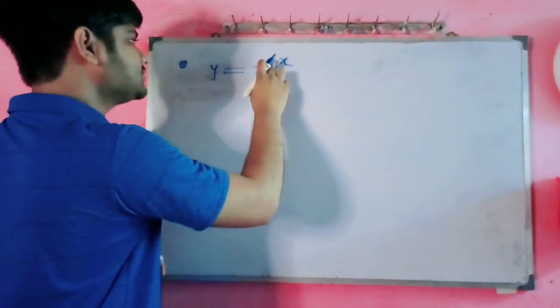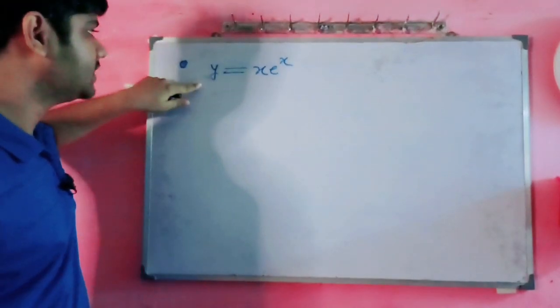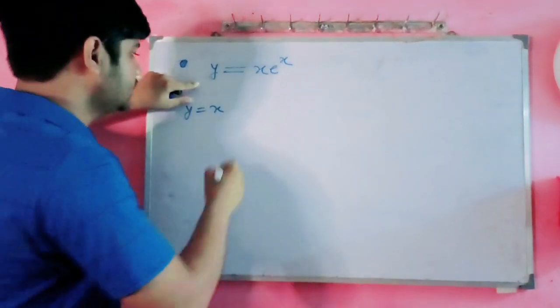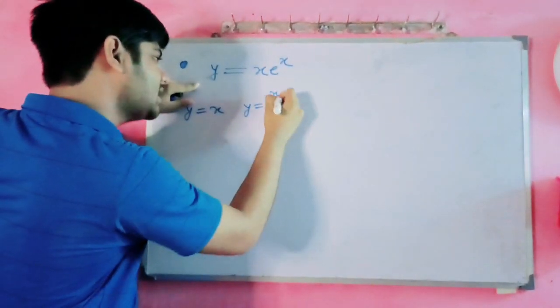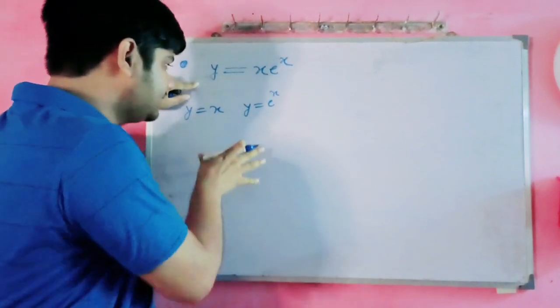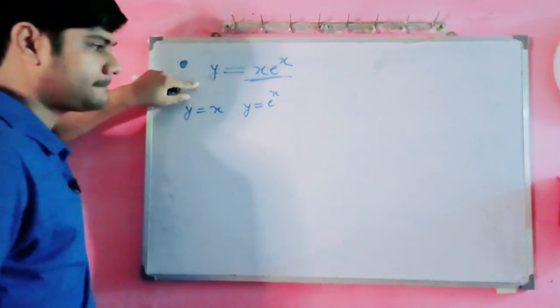Let us first write it as x times e raised to minus x. We know how the graph looks if y equals x, and we know how y equals e raised to x looks. Then if we combine these two graphs, we will get the resultant graph.